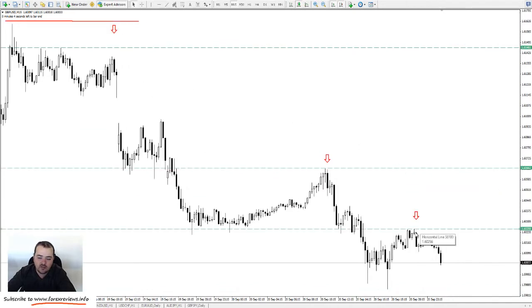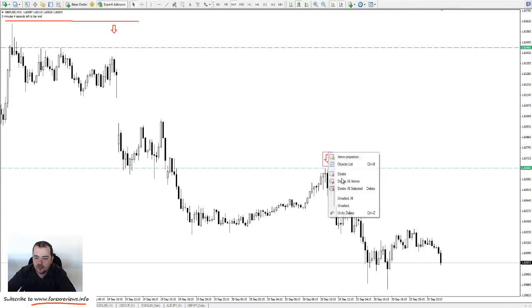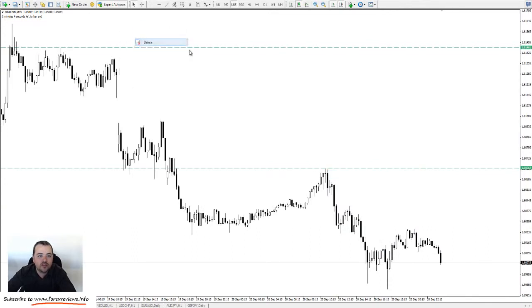And it can give really, really high probability trades while the market just keeps doing that. Okay, so those are continuation trades. I'll get rid of these now. So that's a little bit of what I'm looking for on the 15-minute chart.